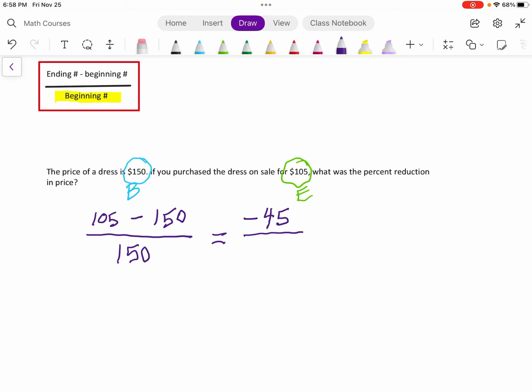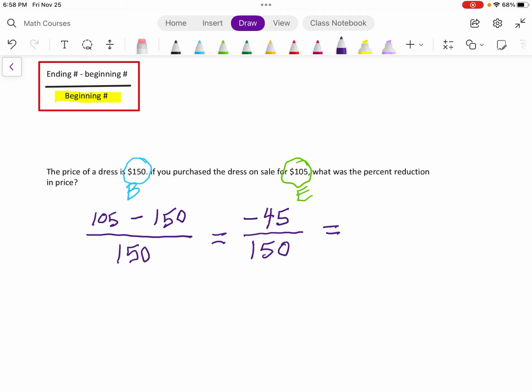Then I'm going to continue with the 150 in the denominator. And I'm going to divide the negative 45 by 150. Now, be careful on calculators that some calculators, if you put the minus sign, the subtract sign for the negative, it won't work. You'll get an error code.